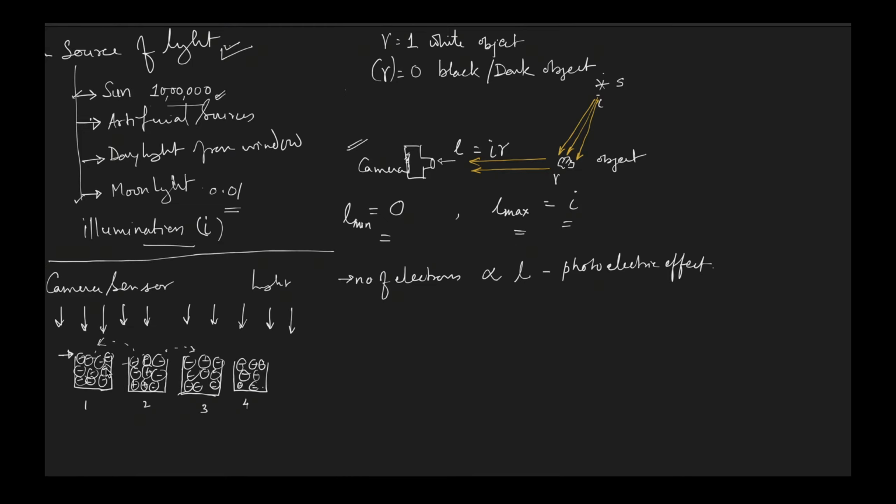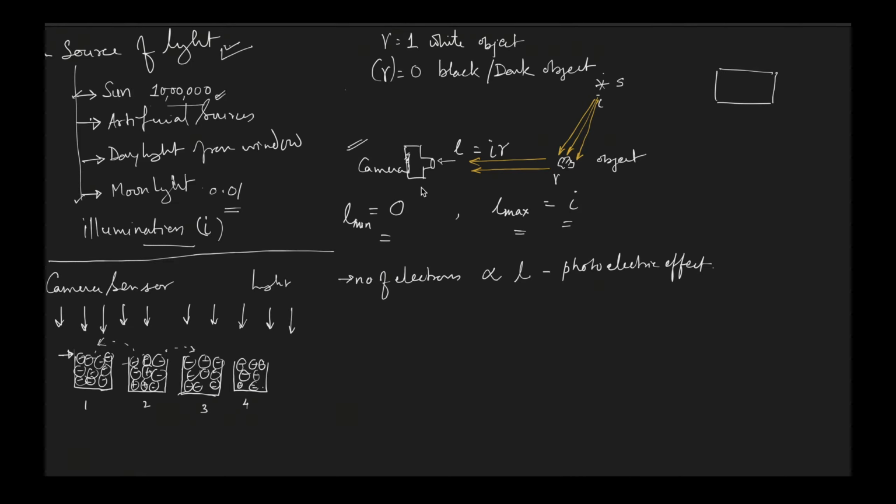Correct? So that means if you have a deeper bucket or a larger sized bucket, in this case, if you have deeper or larger sized photodiodes, you can say, I'm coming to that part. Like you said, size of the sensor. Size of the sensors generally is fixed. For example, here, say this is my size.